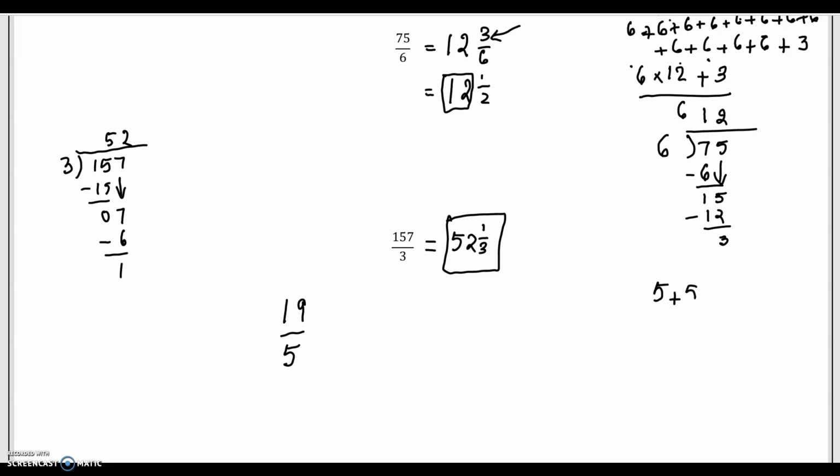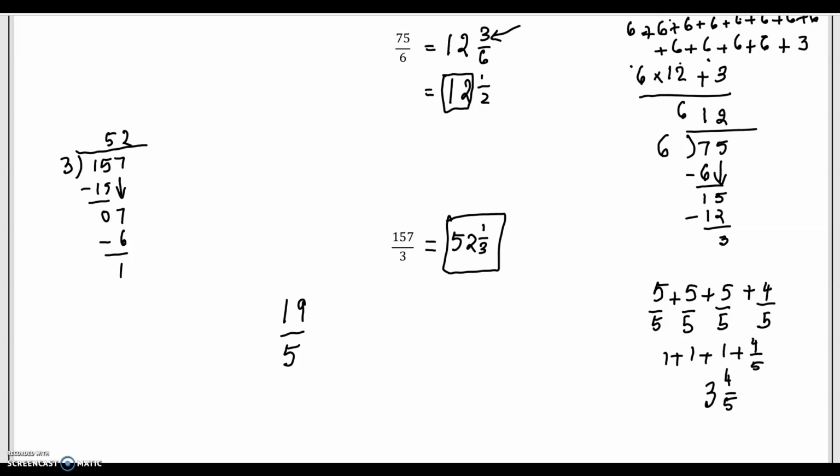Five plus 5 is 10, plus 5, 15, and then a 4. So there's 5/5 plus 5/5 more, plus 5/5 more, and then 4/5. So each of these is a whole. So it's 1 plus 1 plus 1 plus 4/5, which is equal to 3 and 4/5.